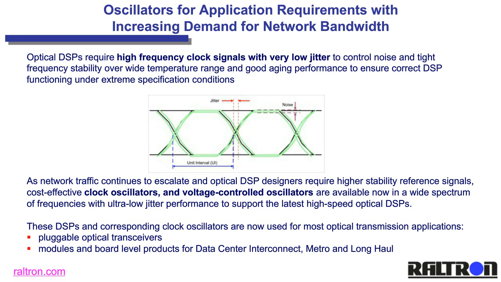One, as low jitter as possible, and this jitter parameter is defined by the requirements of the coherent transmission protocol, and very good and increasingly demanding frequency stability over temperature and good aging parameters, so that when these digital signal processors with adjacent clock oscillators attached to them are installed in the various applications, they can function completely at all four corners of the telecom specifications.